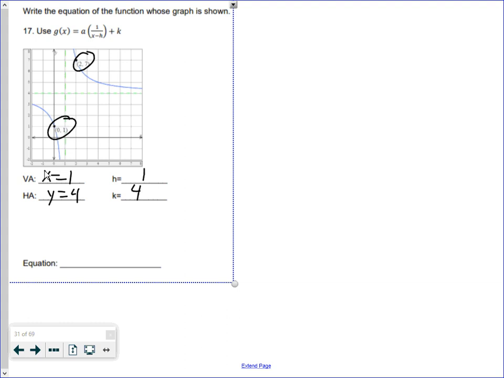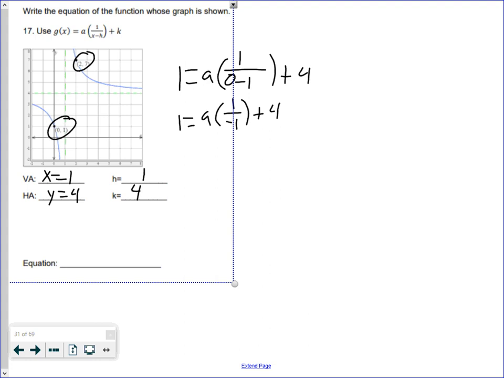So for our y, I'm going to use the point (0, 1). So I get 1 equals our a value, which you don't know, times 1 all over x minus h. So our x for (0, 1) is 0, minus our h value of 1, all plus our k value of 4. So 1 equals a times 1 over negative 1 plus 4.